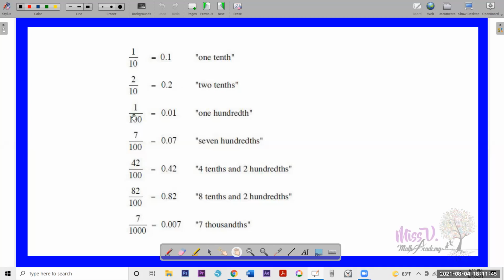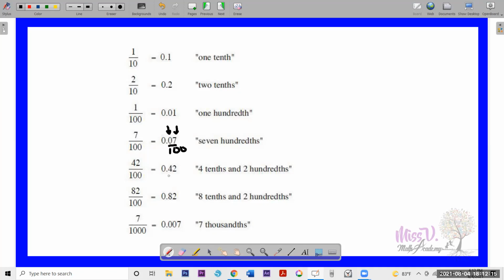We're going to move now onto 1 over 100. 1 over 100 would give us 0.01. 7 over 100 would give us 0.07. Let's look at the place values. The first decimal place is known as what? Tenths. The second decimal place is known as what? Hundredths. So it would be this value over 100.